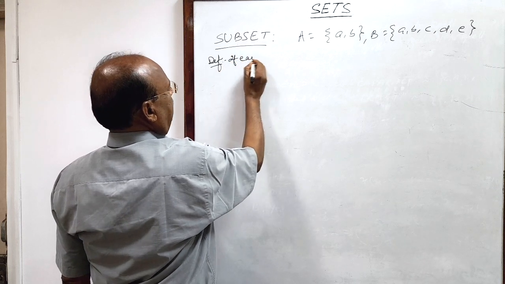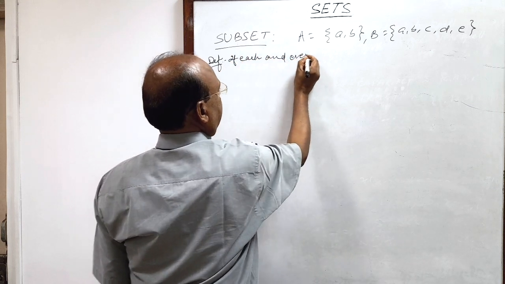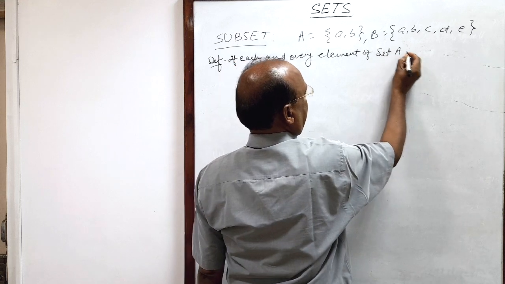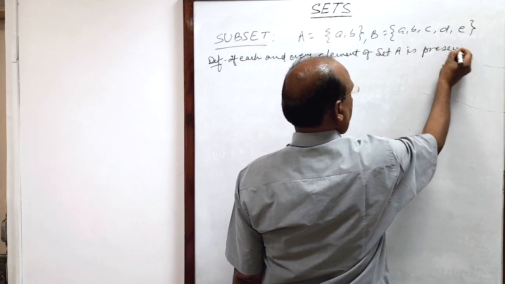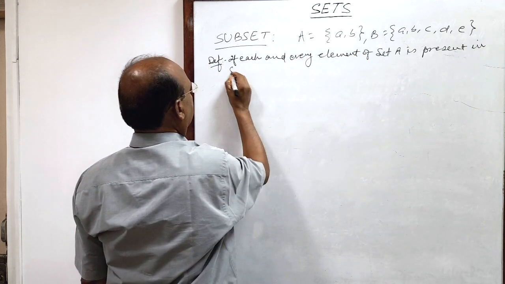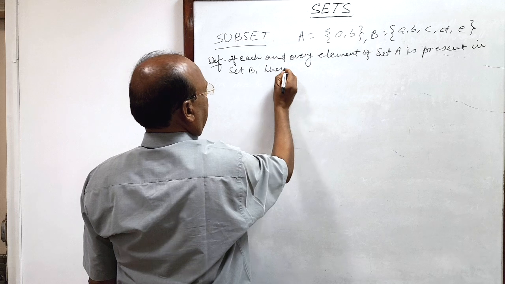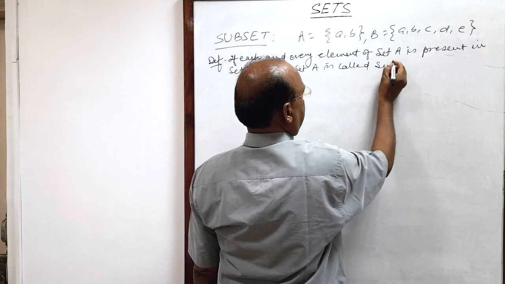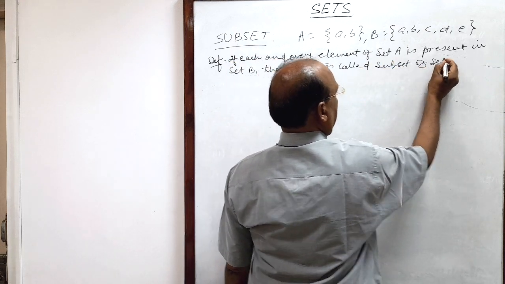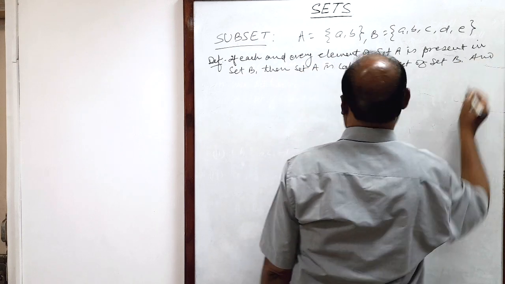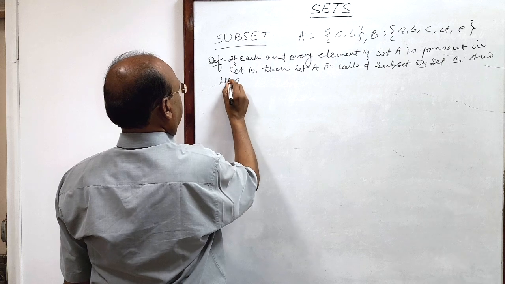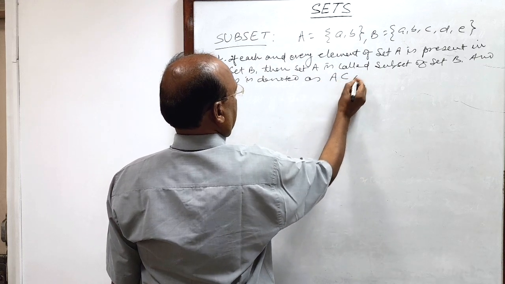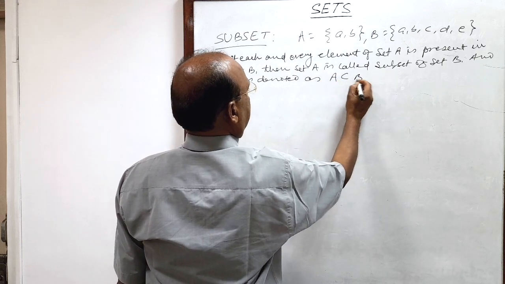If each and every element of set A is present or available in set B, then set A is called subset of set B, and this is denoted by this notation.